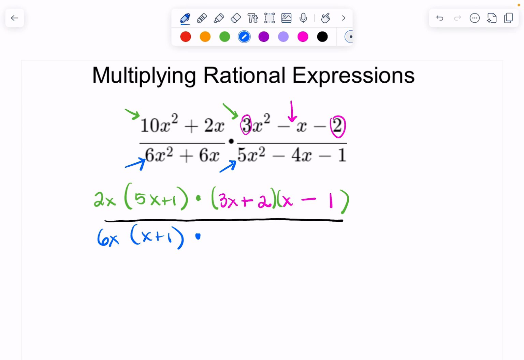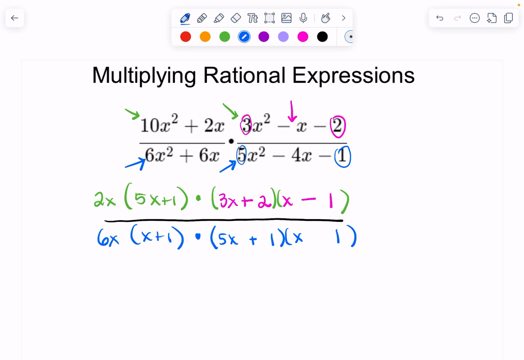So let's do it. Parentheses, parentheses, we're going to guess and check and be super efficient. Skip that x business and that box method and that AC stuff. The only numbers that multiply to make 5 are 5 and 1, so give yourself a 5x and an x. The only numbers that multiply to make 1, oh my gosh, hooray, is 1 and 1. You just have to figure out where you're going to put your plus and your minus.